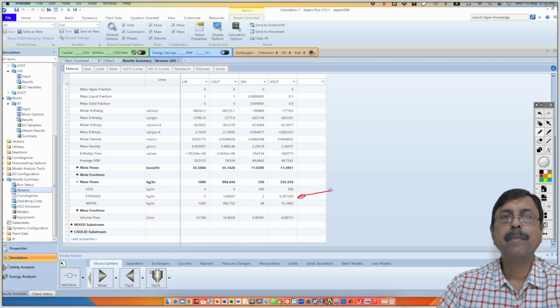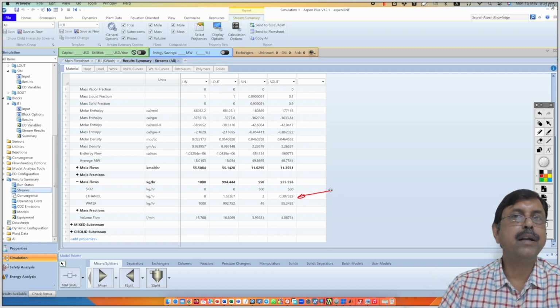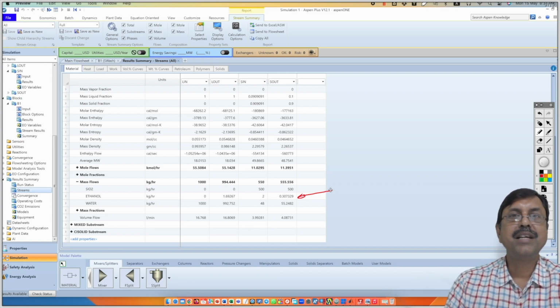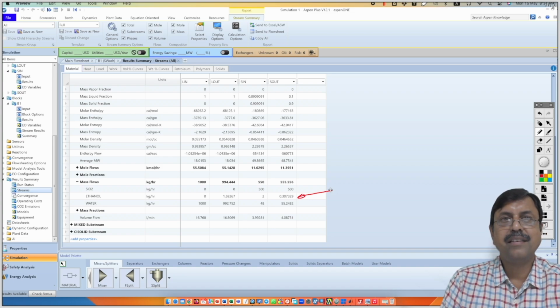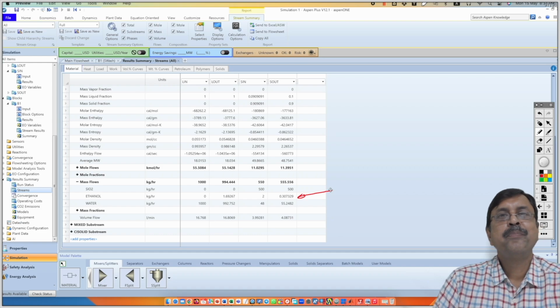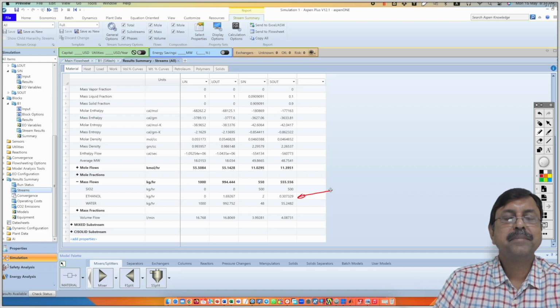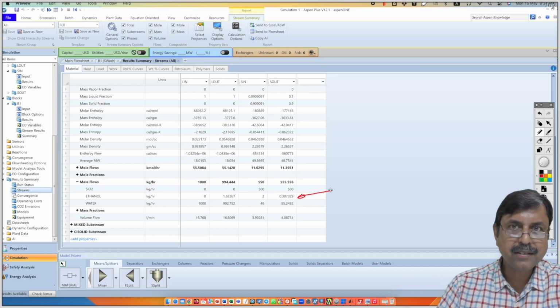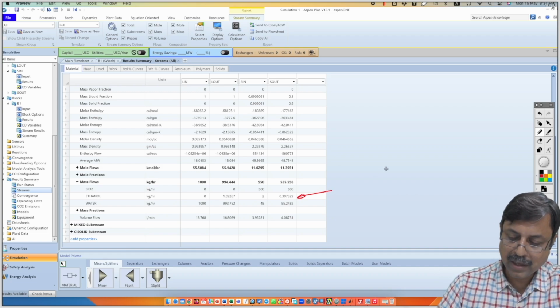So amount of ethanol has increased in the solid outlet. So that is evident, right? Because you have decreased the efficiency. So the washer is not efficient enough in removing the dissolved component.